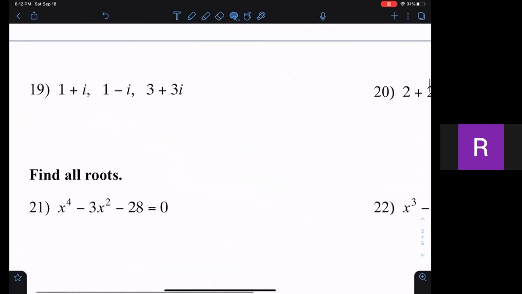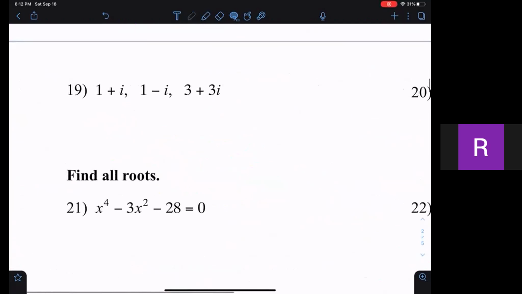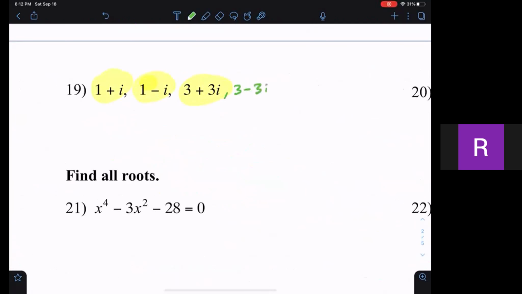So here remember, they come in conjugate pairs. Sometimes they don't give you all of them, but you have to know that this comes with this one, and for this one you're missing one. So this is 3 minus 3i. So now you need to expand this. In reality, we're looking for the polynomial.